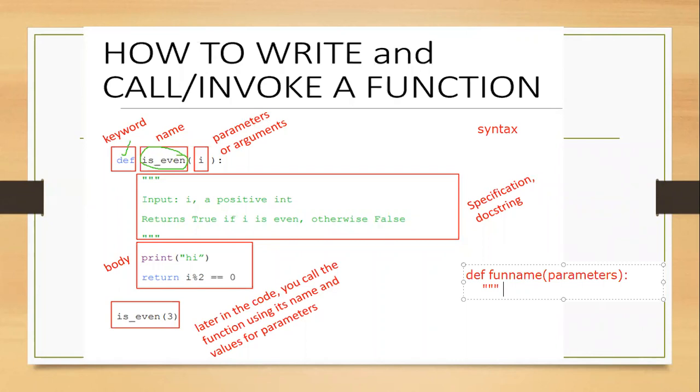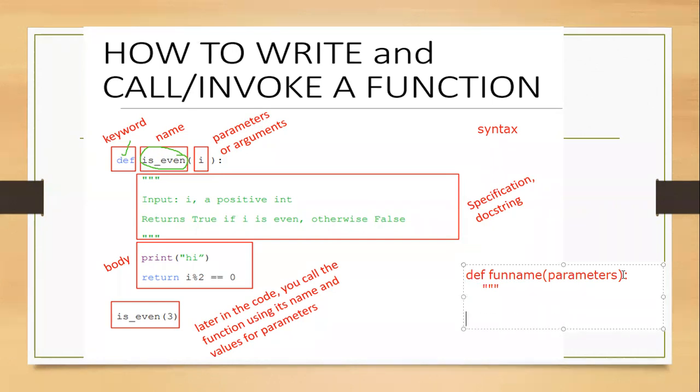I've been using the single hash to do my comments since we started learning, because I was just putting a one-line comment. But because now my docstring is going to be like a block of comment, then you put that, it shows that it is a docstring.